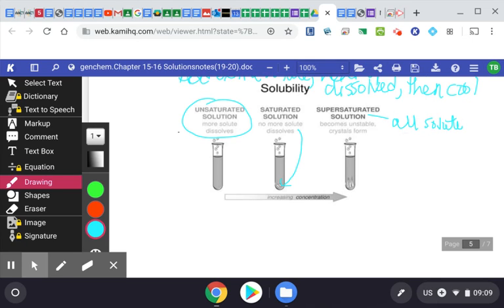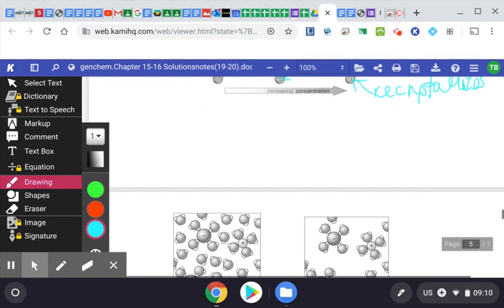The way you can find out that it's supersaturated, though, is if you add a crystal of solute and it recrystallizes in the bottom of your test tube, then the solution would have been supersaturated to begin with. Once it has solute on the bottom, though, now it becomes a saturated solution.